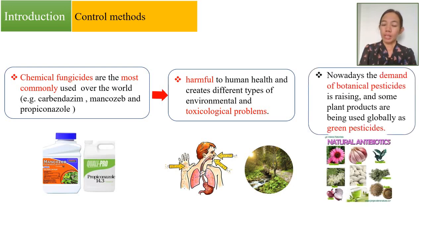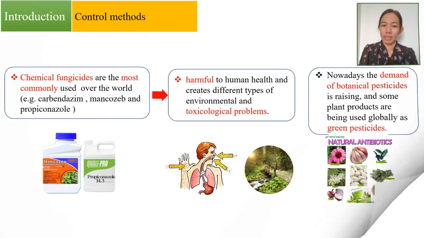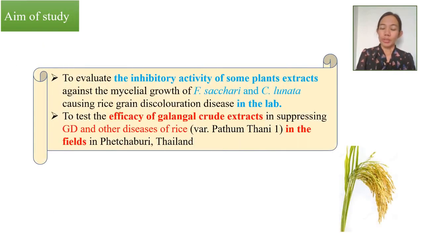So, as an alternative safe control method, the use of natural plant products, botanical pesticides, is rising nowadays, and some plant products such as neem and garlic are globally widely used as green pesticides. So, I also wanted to observe the efficacy of some plant extracts.